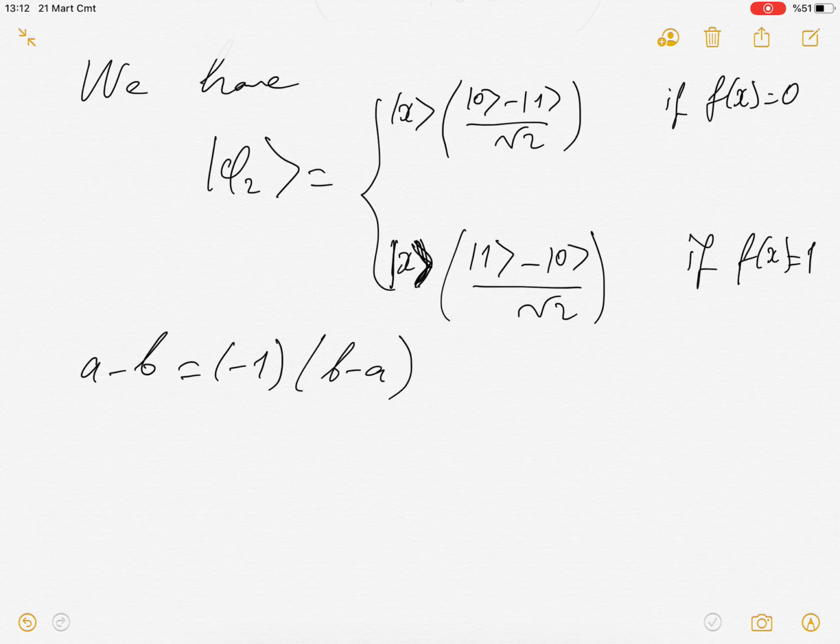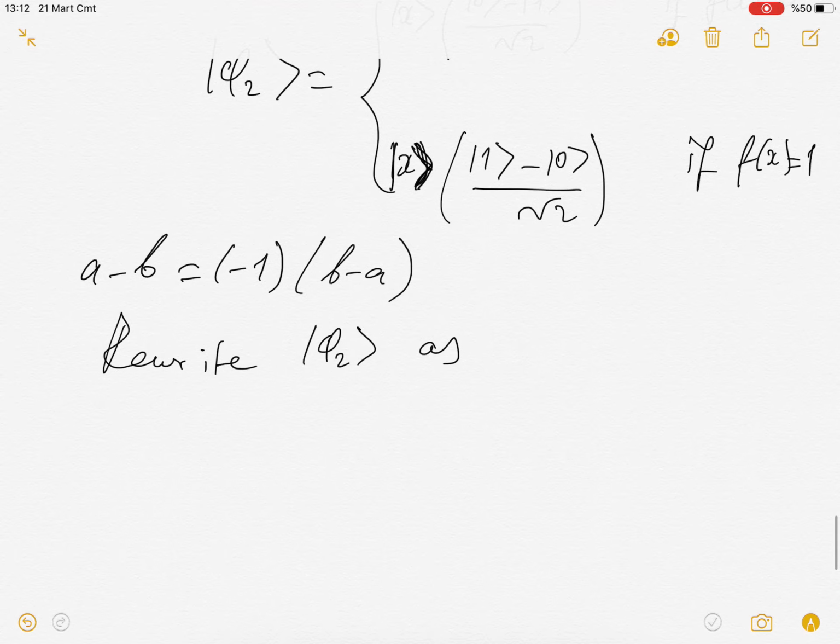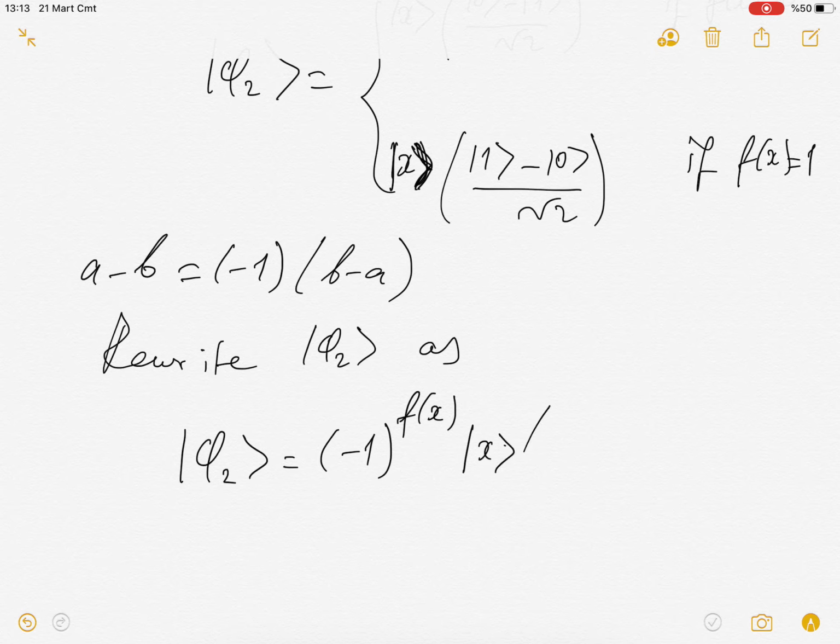So we may rewrite phi 2 with minus 1 to the f of x as a factor, and then we have x tensor (0 minus 1) over square root of 2.